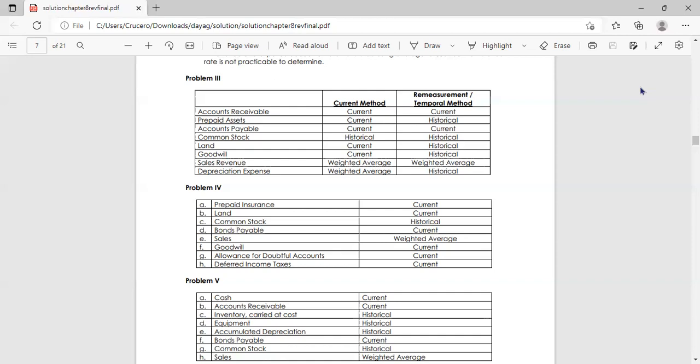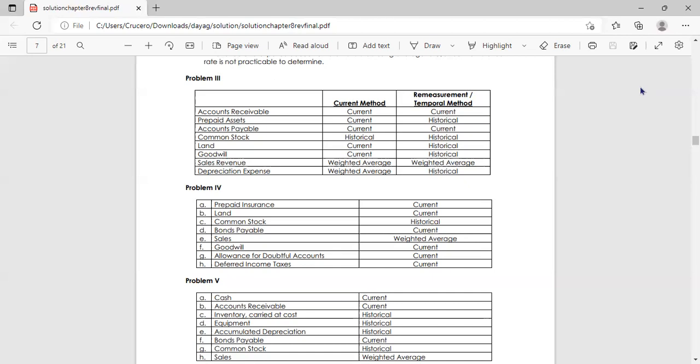You first decide which items are considered to be monetary and non-monetary. Accounts receivable being monetary, under both methods we use the current rate. So that falls under rule number 1 on page 706. Under both methods, we use the current or the closing rate.